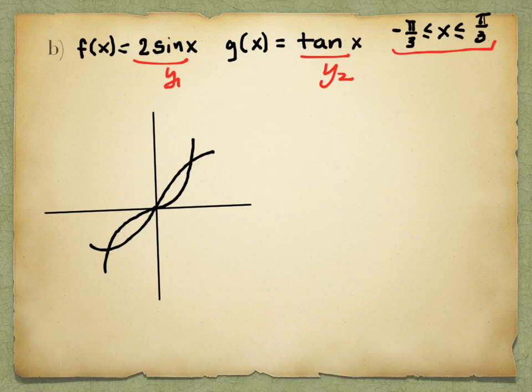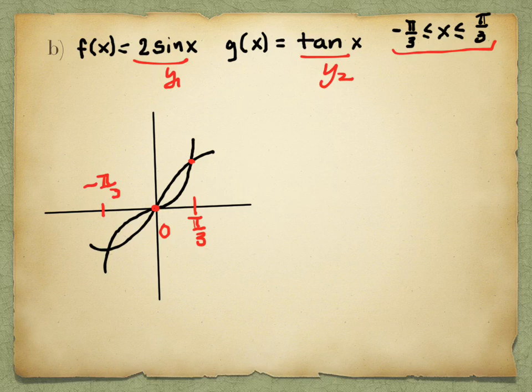If you zoom in a little bit, you'll see it gets a little more curved. You actually know where they cross, like we mentioned before. It's at negative pi over 3 and pi over 3. But they actually cross one more time. Where else do they cross? 0. That's why we're doing this problem, because I want you to see what happens when they have two locations where they cross.